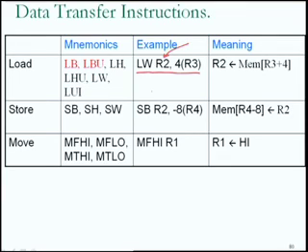Now the rest of this instruction must let us know from where in memory, in other words the address of the memory location which is going to be copied into register R2. And as we just saw, the load and store instructions all use the base displacement addressing mode to indicate their memory operands. And what we have over here is the base displacement operand. The base register is specified as R3 and the displacement value is 4 or plus 4.